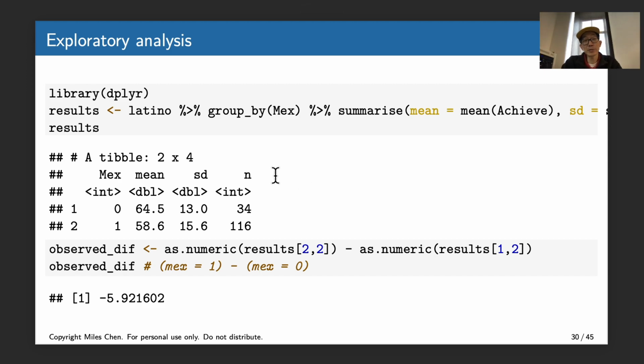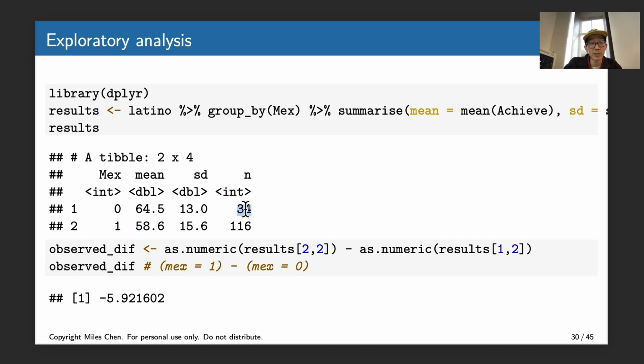Anyway, we'll just gather some summary stats. We had 150 people in our data set. 116 people came from Mexico. 34 people came from other Latin American countries. If we take the 116 people who came from Mexico and take the average of their numbers, we get a 58.6. Again, I have no idea what that is.